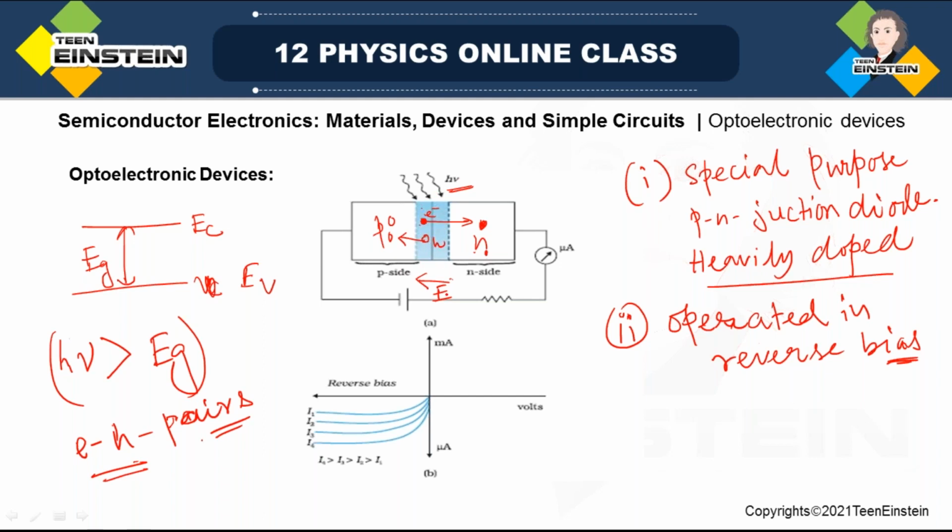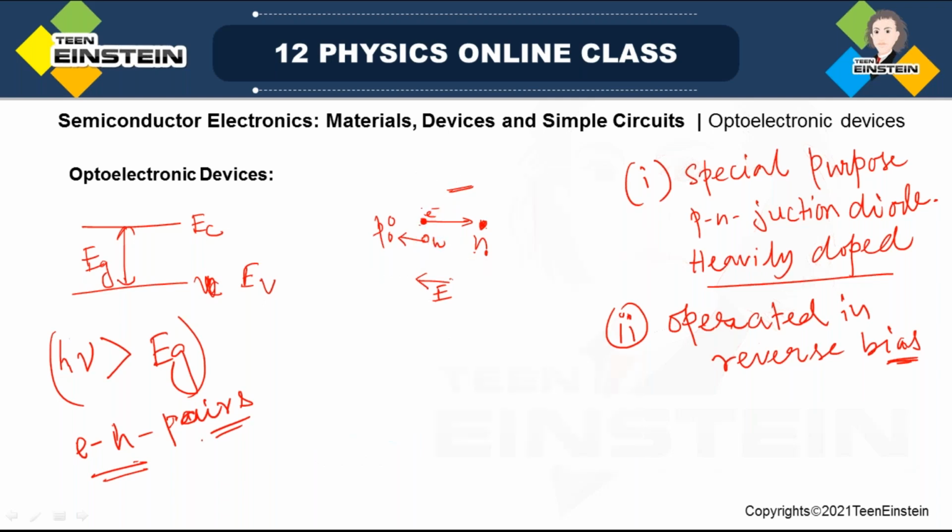And here there exists a huge electric potential. Due to that, the holes will be collected in the p region, and electrons will be collected in the n region, and this charge separation will produce a huge EMF.